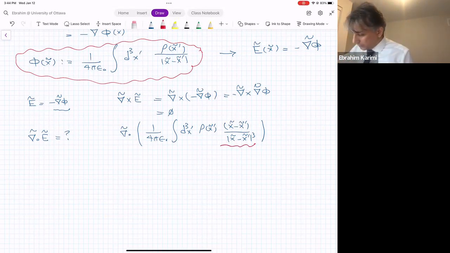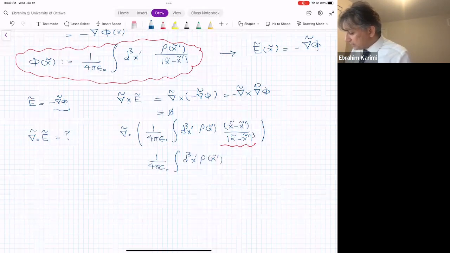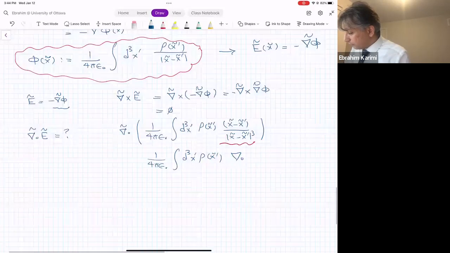So that will be given by 1 divided by 4 pi epsilon naught integral of d3x prime, rho of x prime, divergence of (x minus x prime) divided by |x minus x prime| to the power of 3.